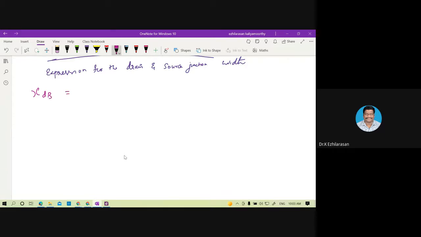XDB will be equal to the square root of 2 epsilon Si divided by q NA, times VDS plus psi i plus psi SB.